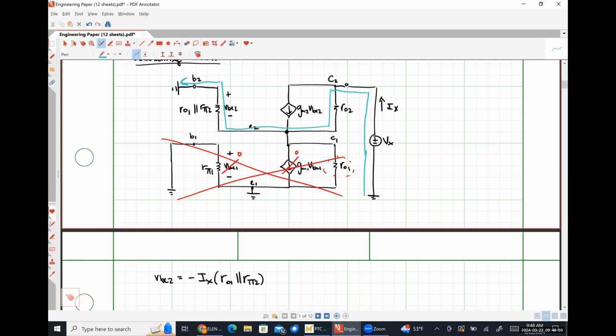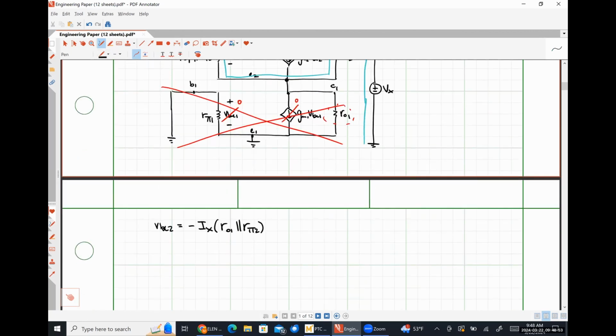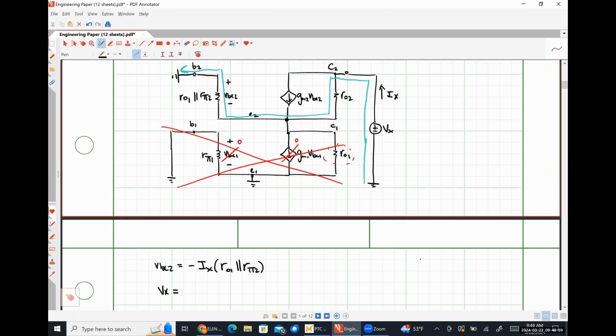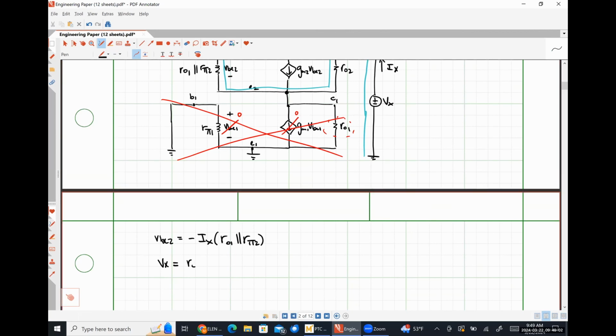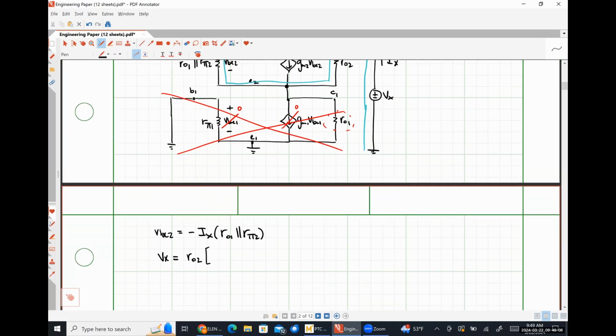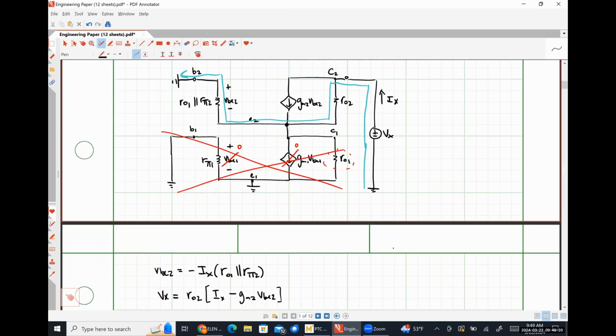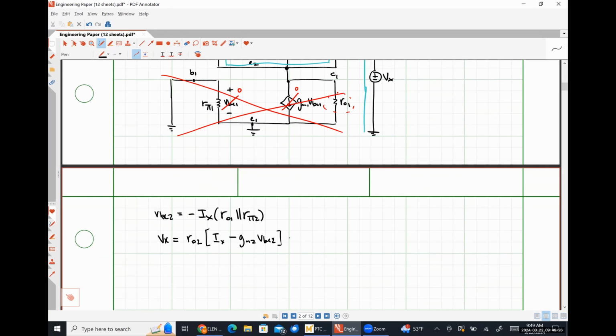Applying KVL, our voltage Vx is equal to the voltage drop across resistor R02. That's R02 times the current flowing through R02, and I'm going to express that current as Ix minus gm2 VBE2. We all okay with that? And then the next thing I see is the negative polarity terminal of voltage VBE2, so I'm going to put a minus VBE2 here like so. Now I can just do simple substitution.